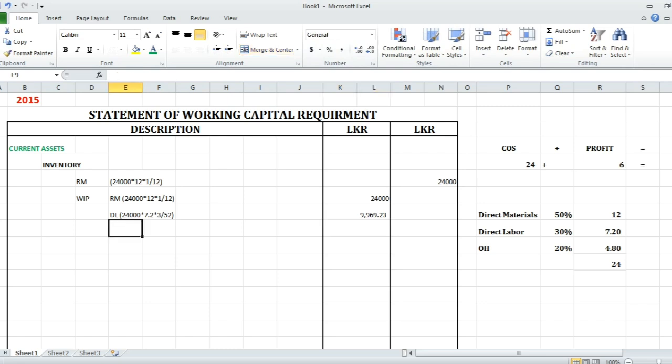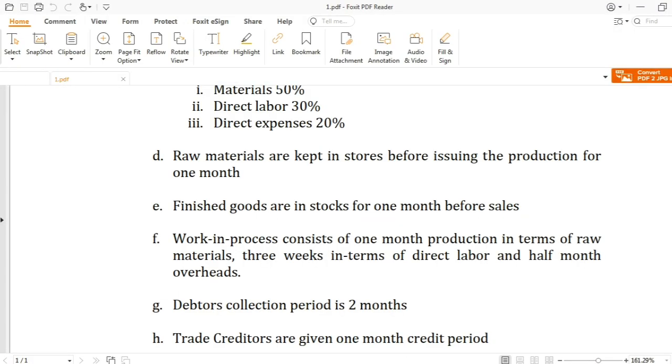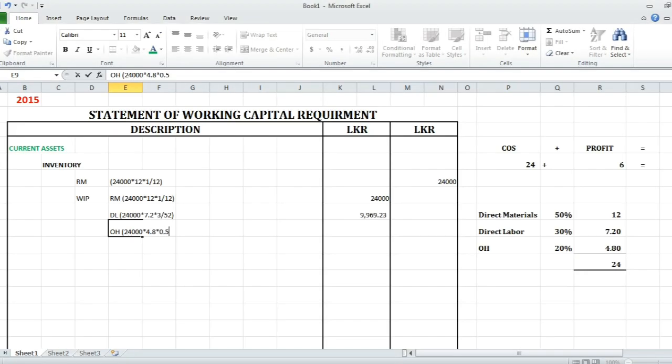And overhead: 24,000 production units into overhead cost per unit of 4.8 rupees, into, as per the question, half month overheads, so 0.5 divided by 12, equals 4,800.